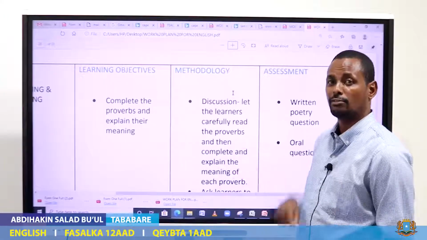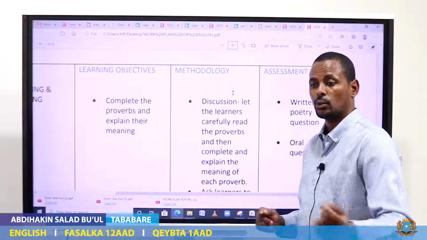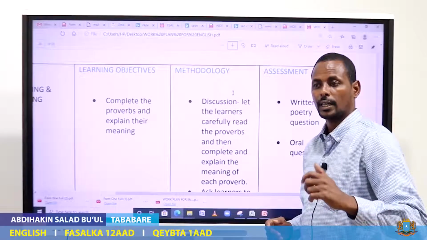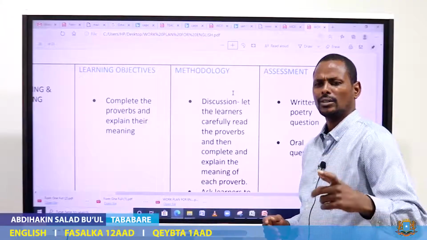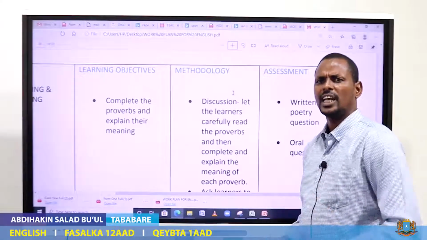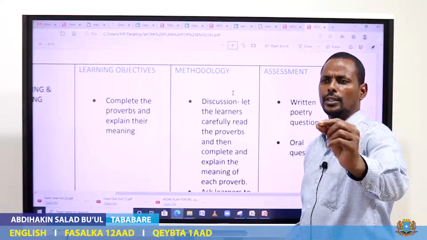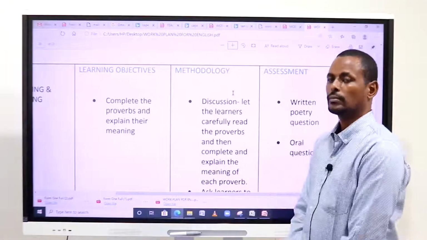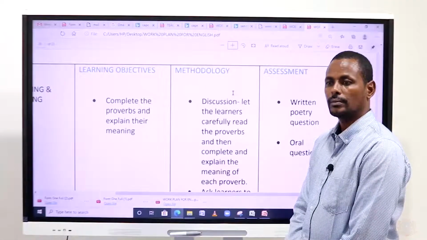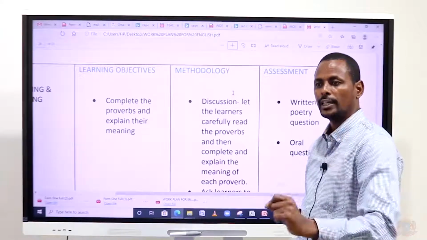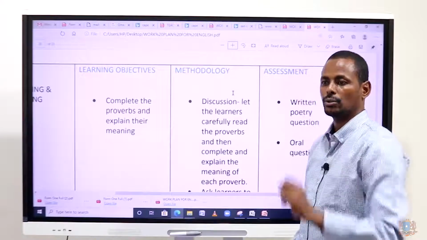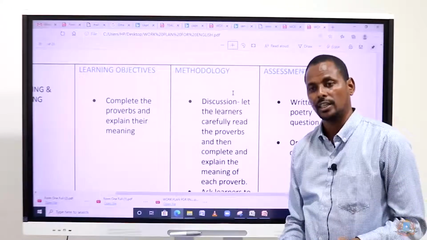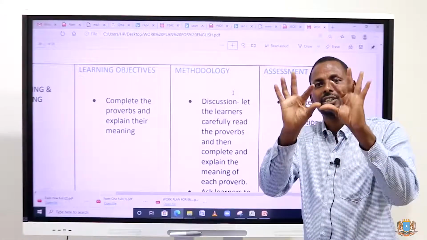These questions come in different forms. For example, the student reads a poem, and then the question comes. You can ask the question in not more than 30 words, explain what this poem is about. In less than 30 words, explain what this poem is about. Now, as I have said, since poems are not arranged the way passages are written, they are organized in stanzas.